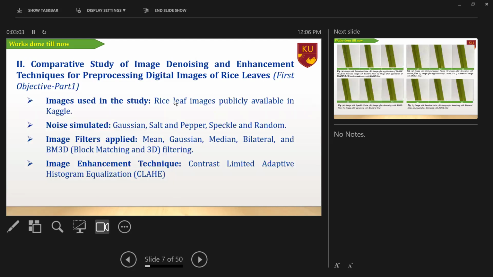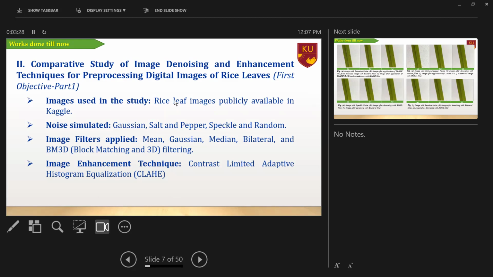And the second, we conducted a comparative study of image denoising and enhancement techniques for pre-processing digital images of rice leaves. For this study, we used images available in the public domain in Kaggle, and we simulated noise like Gaussian, salt-and-pepper, speckle, and random.